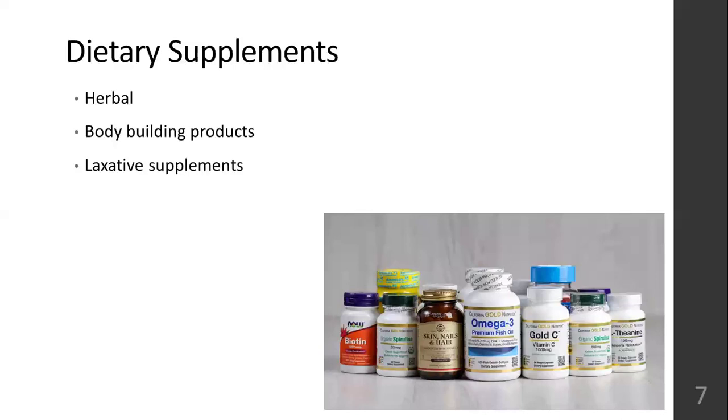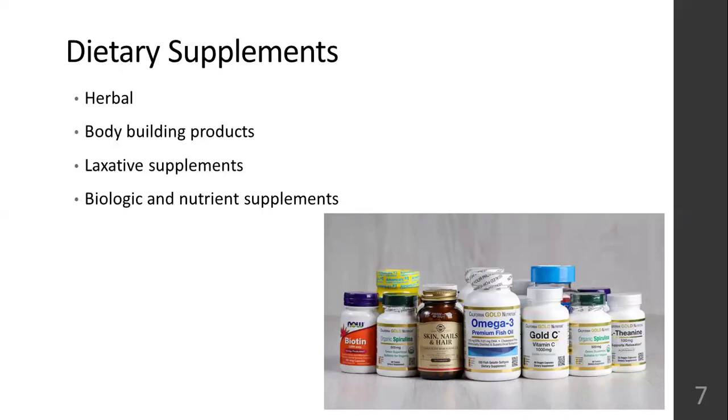Then laxative supplements: if you take isabgol or any pharmaceutical laxative to aid you with constipation issues, that also comes under this. Isabgol has a laxative action, as it is a soluble dietary fiber.